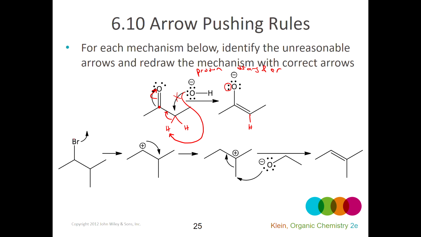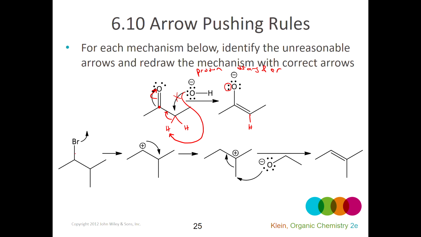This is a common mistake that students make. To show the loss of a leaving group, they put the arrow on the atom and then say the atom is leaving. And that's not terrible, but it's not correct because we're using the arrows to show electron movement. So we don't want to start the arrow on the atom because that doesn't really tell us what's happening with these electrons.